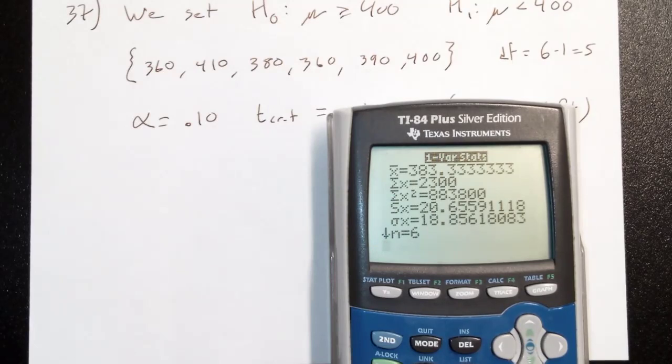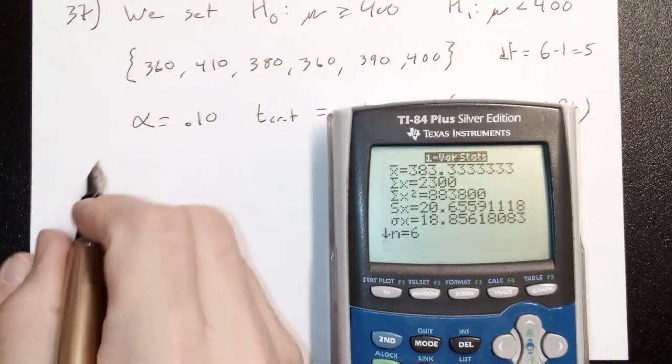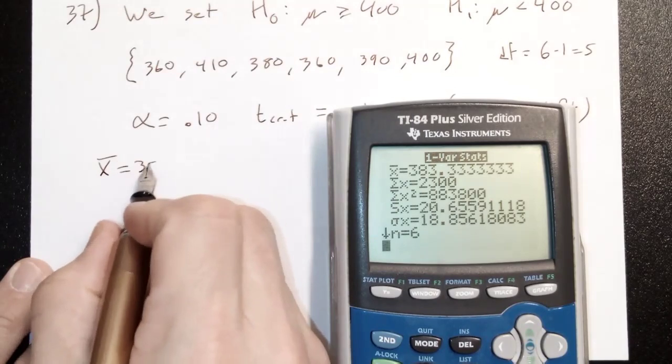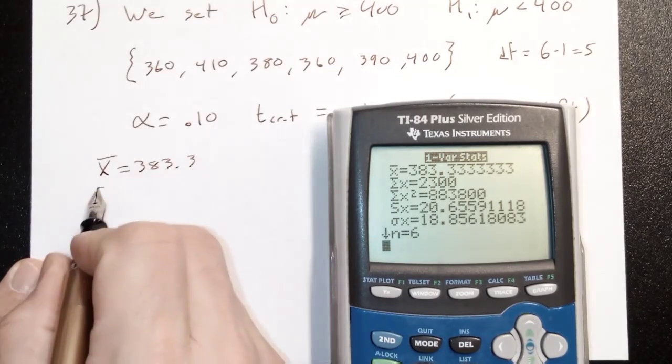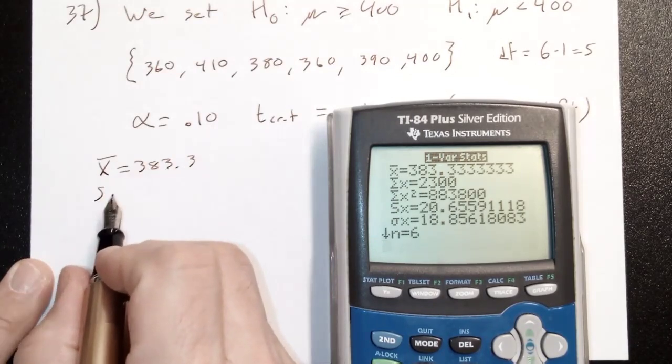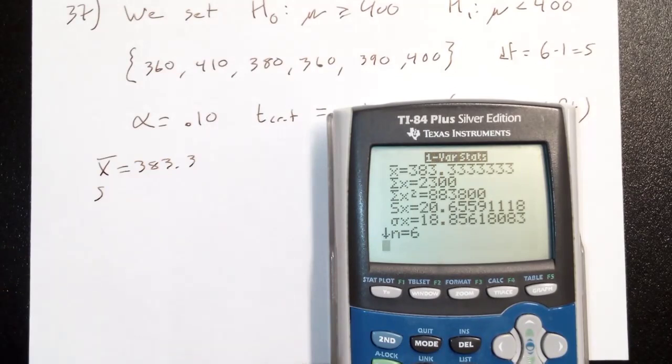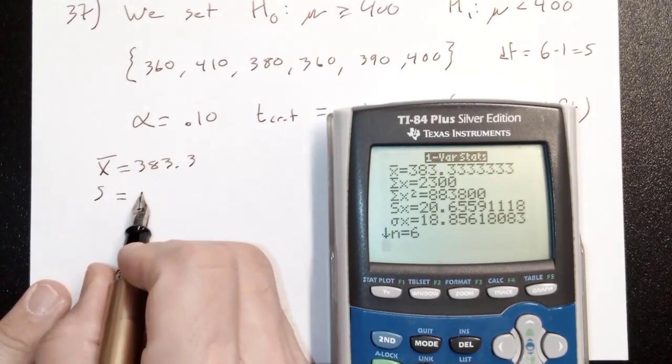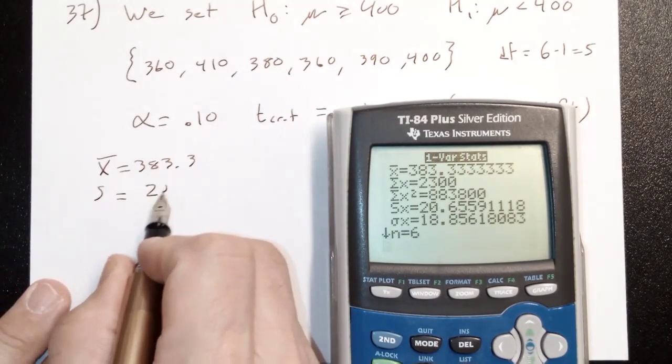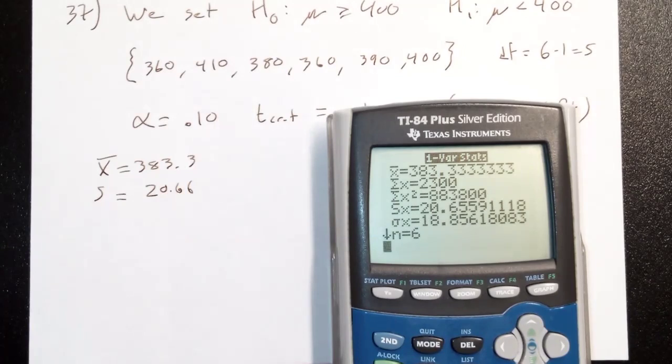So my average is 383.3. And my standard deviation, I'd call it 20.7. If you want to take another decimal place there, you could. 20.66, you'll call it 20.7, either way, depending on where you round.